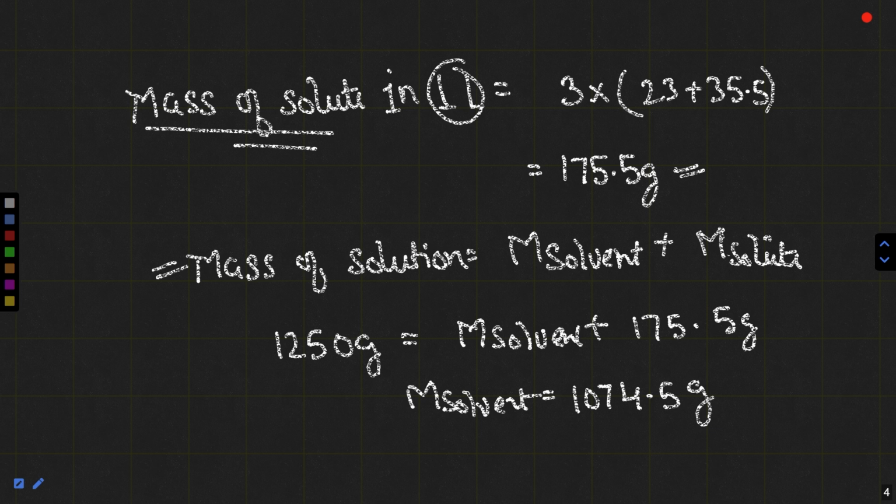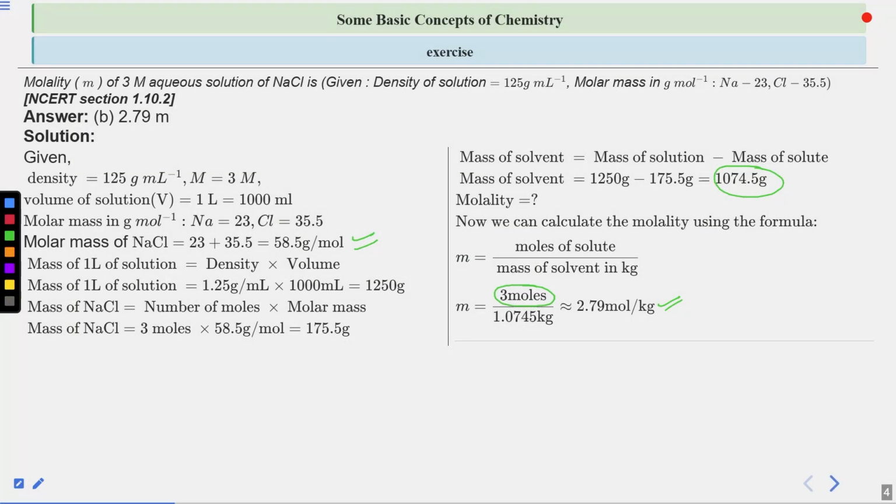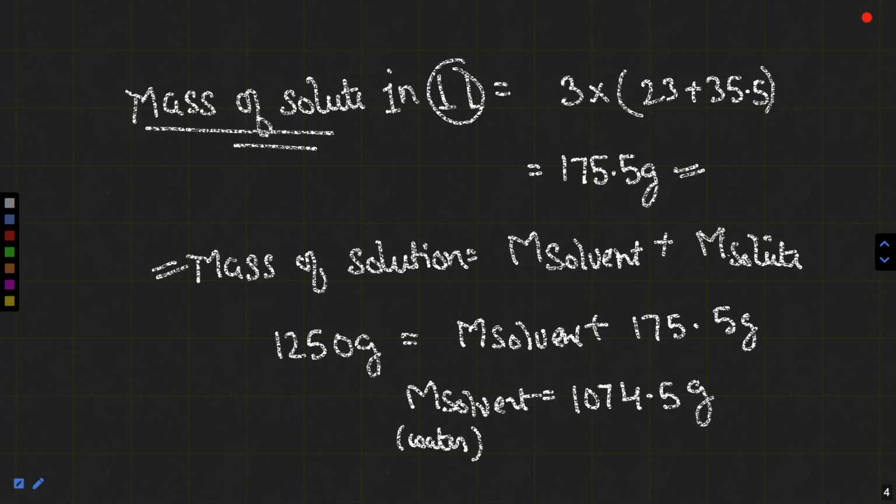So till this point, is it clear? Mass of solvent is simply the mass of solvent. There is nothing hidden behind it. It is quite transparent, right? Mass of solvent is basically the mass of water, I would say, because water is the solvent here. We are given an aqueous solution, and an aqueous solution will of course have water as the solvent.